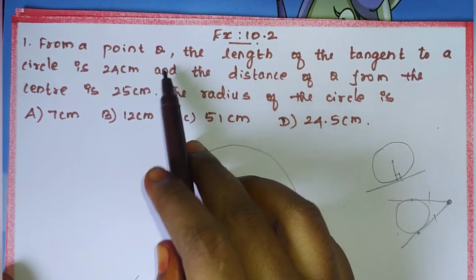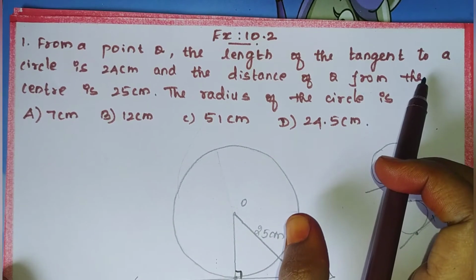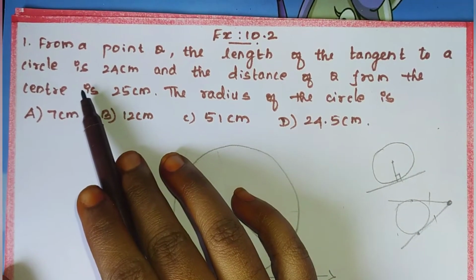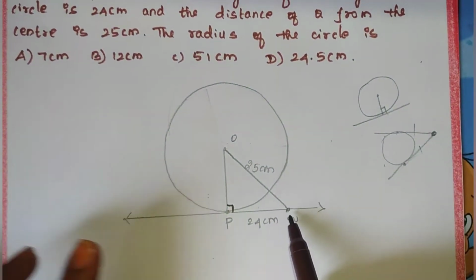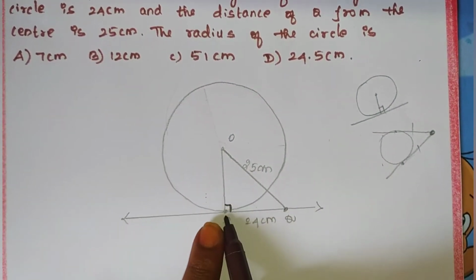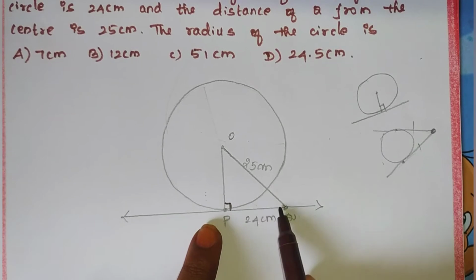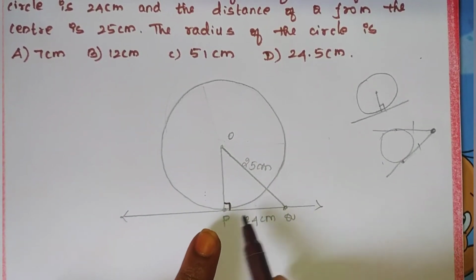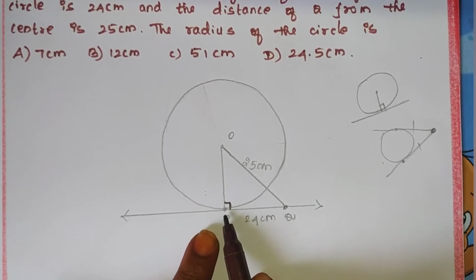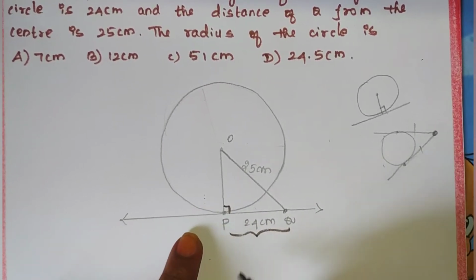From a point Q, the length of the tangent to a circle is 24 centimeter. So the length of tangent, this is the exterior point and this is the point of contact. So this is the tangent line. From the exterior point to the point of contact is the length of tangent.